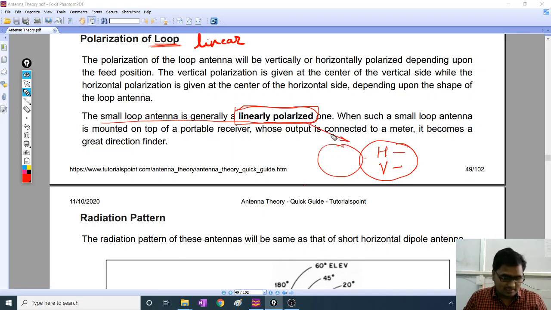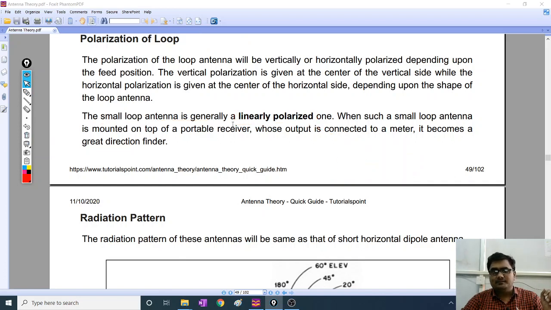There is no need to discuss much about the polarization of loop antennas, because they obviously provide linear polarization. But still, imagine that the edges of the cell phone that I am holding here are nothing but your loop.